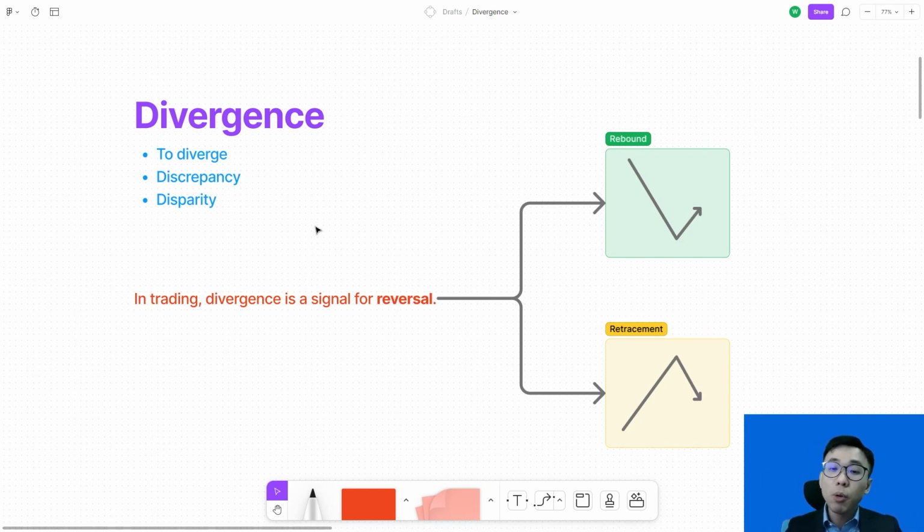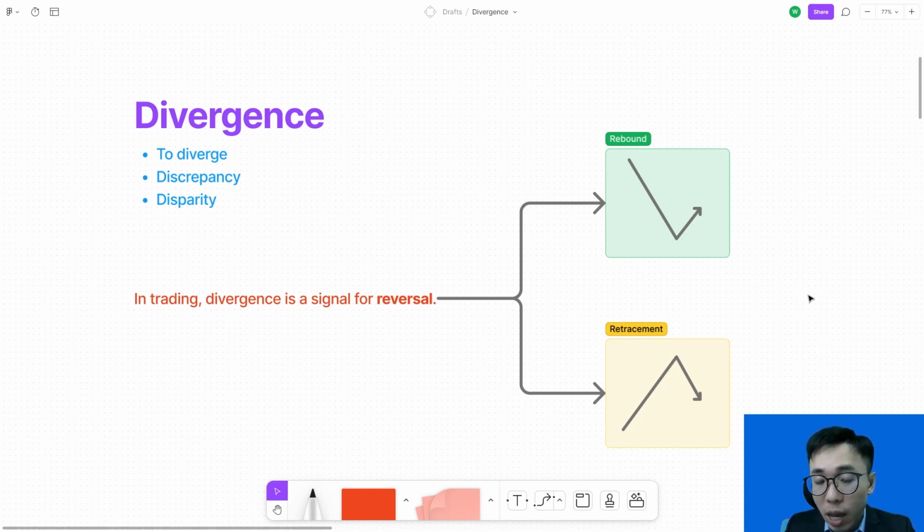So we have two examples here. One is called the rebound and another one is called the retracement. A rebound occurs when its long-term trend direction is a downtrend, but then suddenly it goes back up again, but only for short term. So this is a rebound scenario. Whereas retracement is the opposite of rebound, whereby the long-term trend would be an uptrend, but then it suddenly changes direction and comes back down for short term.